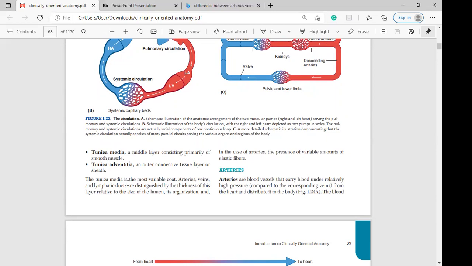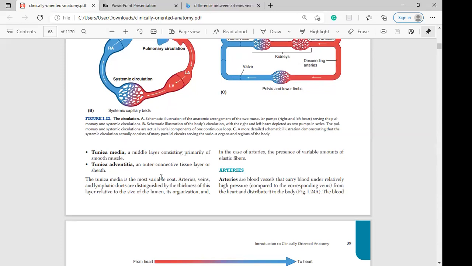Now, the tunica media is the most variable coat. The tunic that is different in all of these blood vessels is the tunica media. We already know that the capillary does not contain tunica media and tunica adventitia.